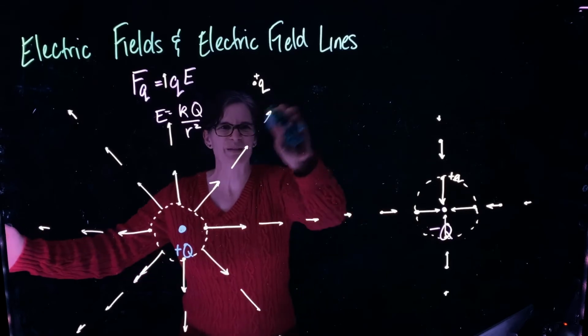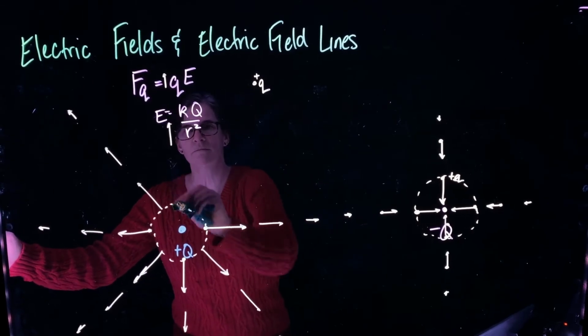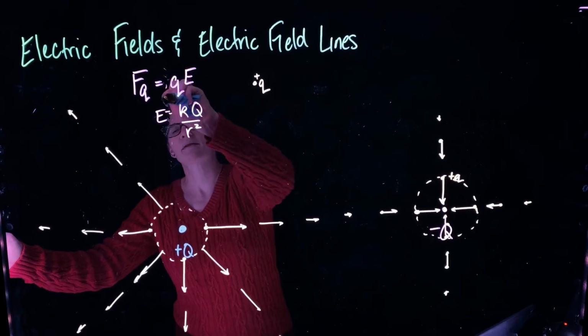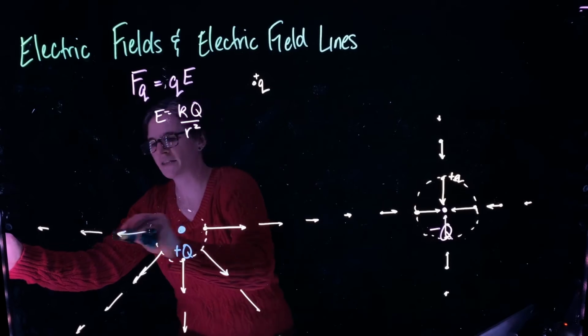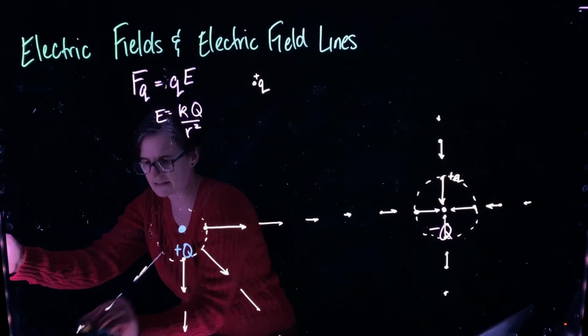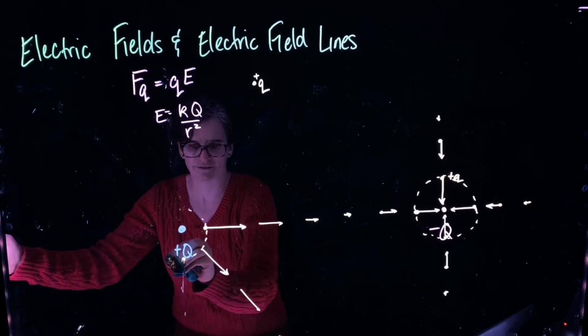So how do we really represent that? I have been drawing those force arrows on my picture to represent the force that test particle feels at a certain distance away from the particle Q that is influencing the space.